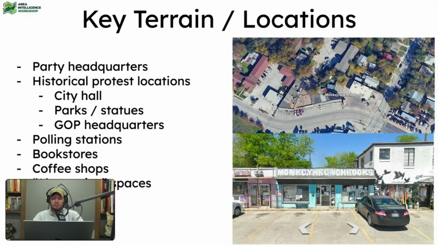Again, county Republican headquarters, probably pretty close to ground zero. I would also identify polling stations just for situational awareness on where they are. Again, I hope nothing gets disrupted. I mean, frankly, I wouldn't bet on it, not this election cycle.